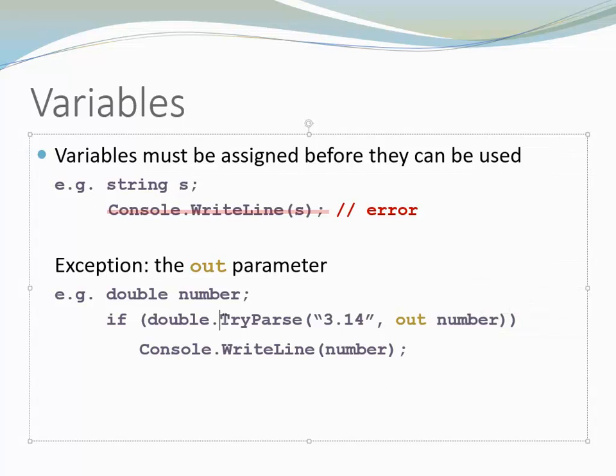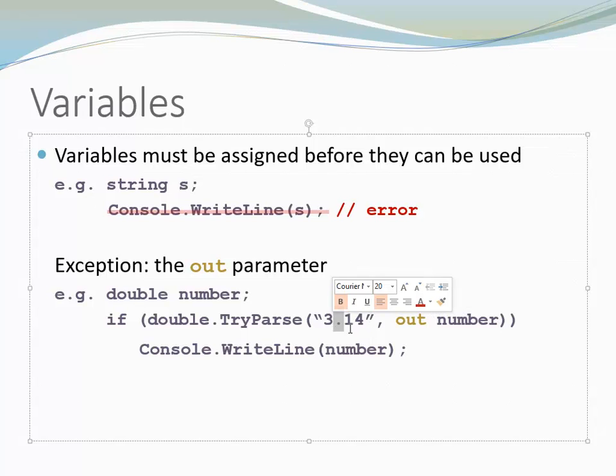So in this case, our method is TryParse. It's a static method of our built-in type double, and it checks whether the string 3.14 can be parsed to a double. In our case, this is possible, so number gets assigned the value 3.14, and when we print number, we'll print 3.14.